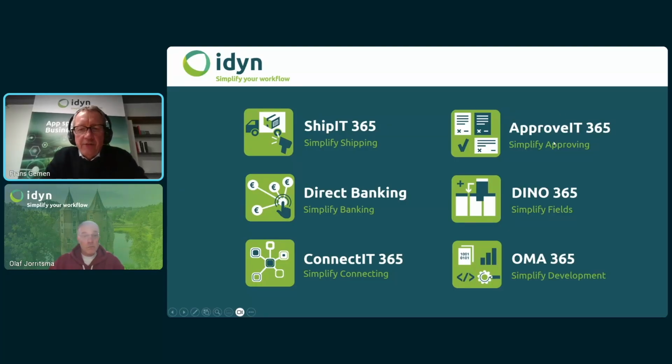ApproveIT 365 is our integration for signing BC documents. Basically, every BC document, like a purchase document or a sales document, like the sales quote, you can send directly from Business Central to your business partner, your vendor or your customer. The customer then can sign the document online, and we make use of the service of SignHost.